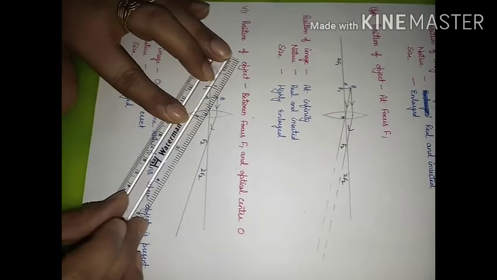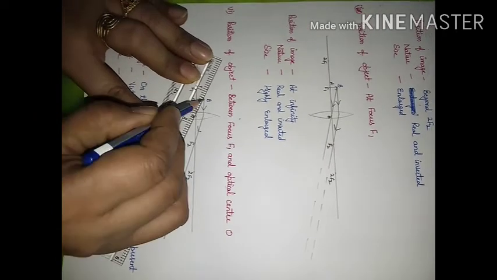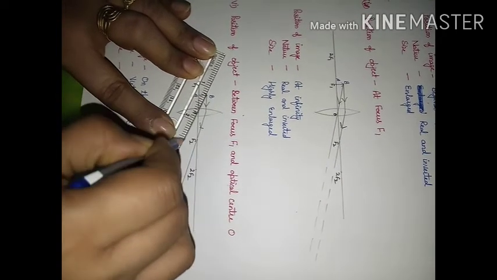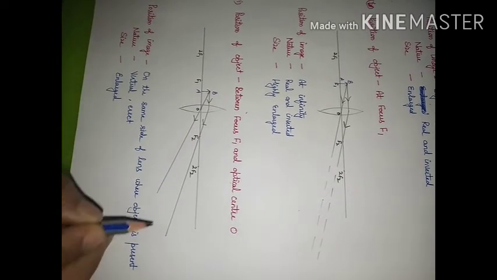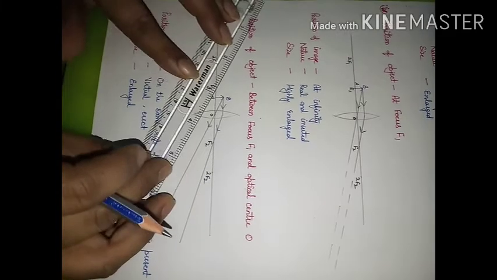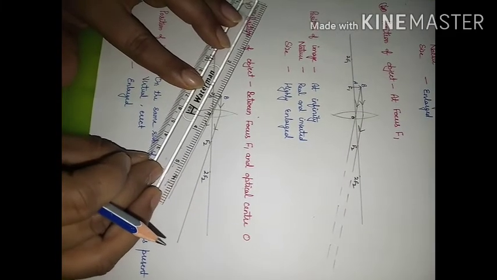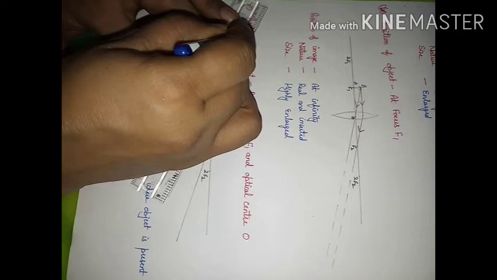Another ray of light that is coming from this point, passing through optical center. So no chance that they will meet each other in forward direction. So what we are going to do, we are going to produce them in backward direction.